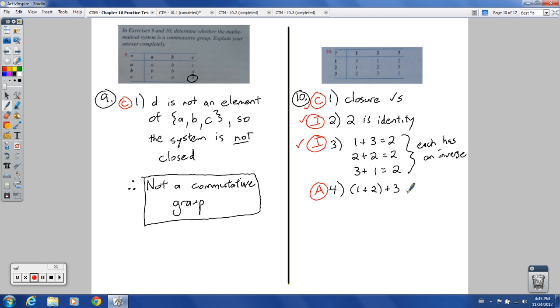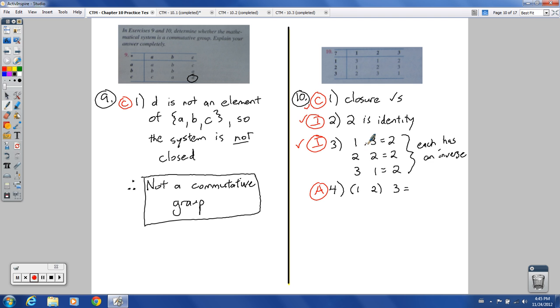Does that equal 1 plus 2 plus 3 with the 2 and 3 in parentheses instead? I'm putting plus. Bad, Mr. Wagner. So what should I have been doing here all along? It's not plus. We're not doing addition. The binary operation is a question mark. So the question mark, what is it?